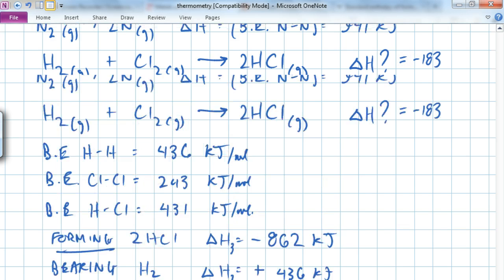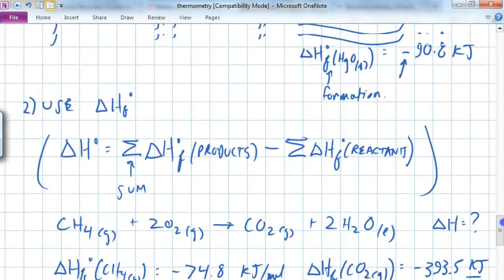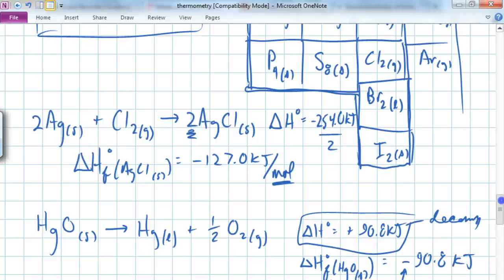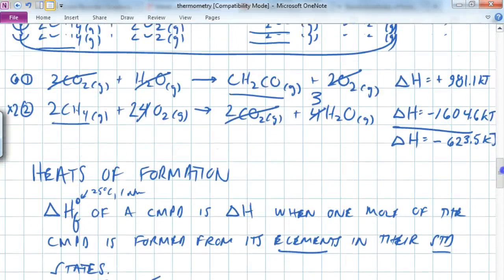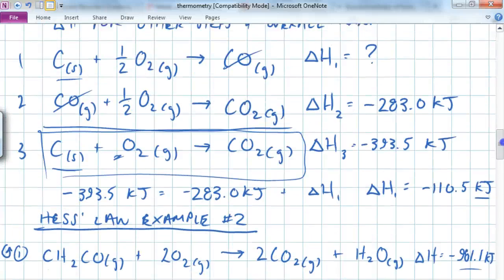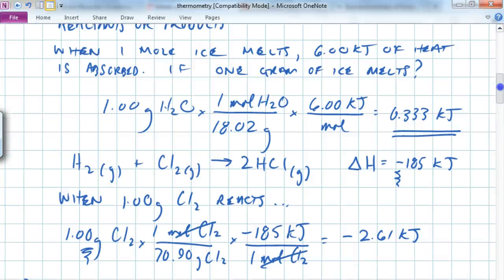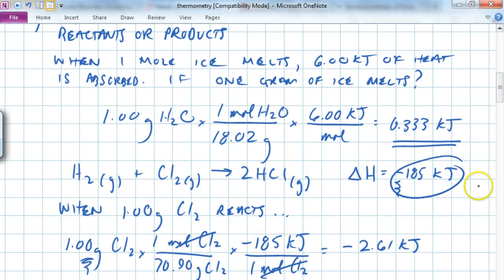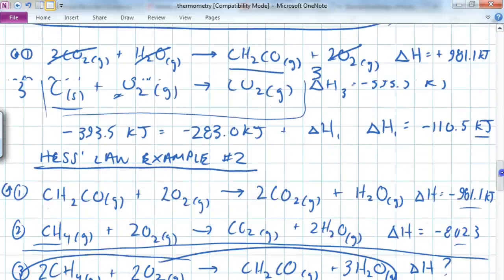Let's scroll back and see if that's what we got earlier. Where was that? Oh, it's off a little bit, and who knows why that is, but it's off a little bit from that.